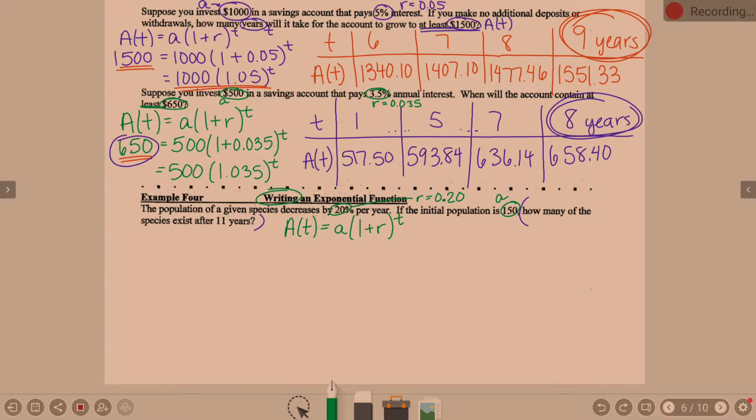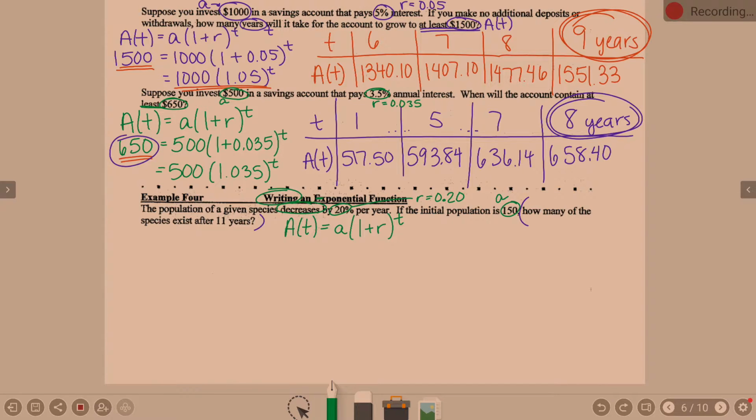Are we okay with that? What's a keyword in here that we also need to pinpoint? Decreases. What does decreases mean? We're actually going to be subtracting, aren't we? You subtract the 1 from the bottom. You're going to do 1 minus your percentage. Is that what you were struggling with? You didn't like the fact that I said it was just 0.2? Okay.